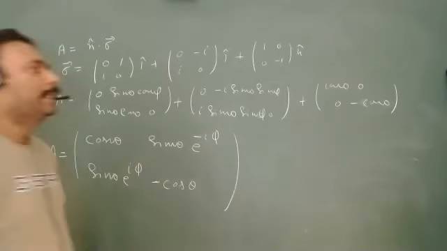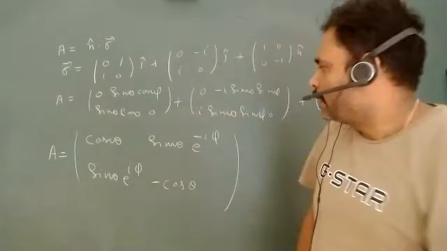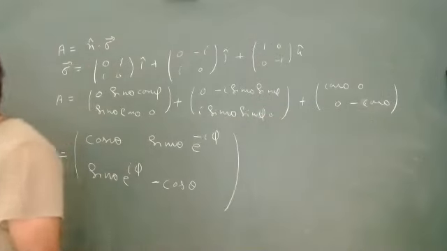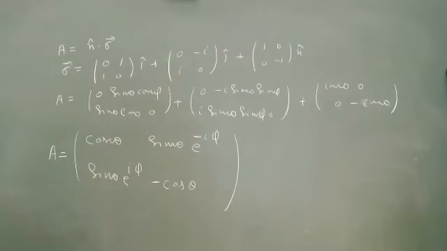Now can you tell me the eigenvalue of this matrix without solving it, using the properties of matrices? You can solve it, and I will give you homework for that. But how can you write the eigenvalue directly, if you know the properties of matrices? Trace equals the sum of eigenvalues. What will be the eigenvalue? cos theta minus cos theta.